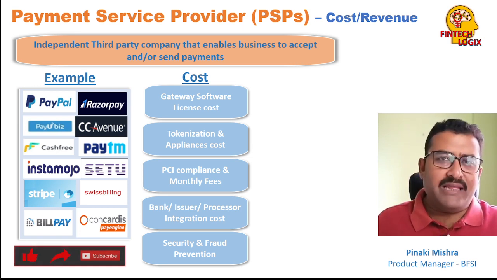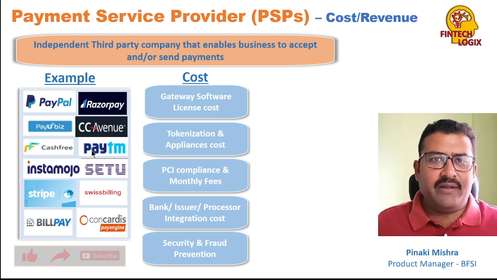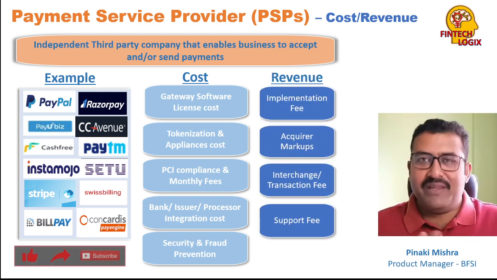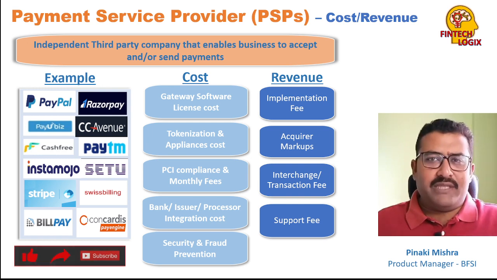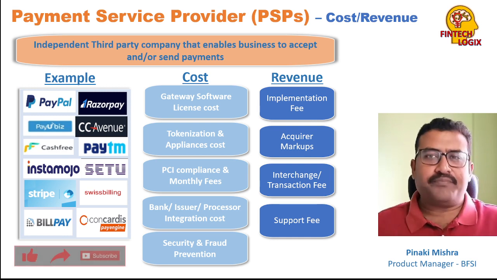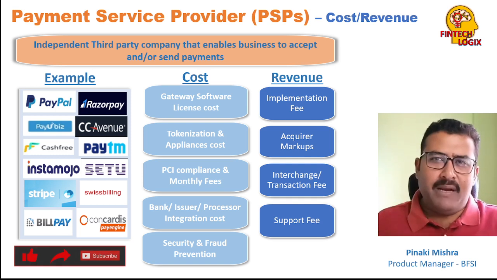Now you would wonder how they recover this amount and make a profit. The model is like this. Primarily, there are four types of revenue model for these PSPs. The first one is the implementation fee.